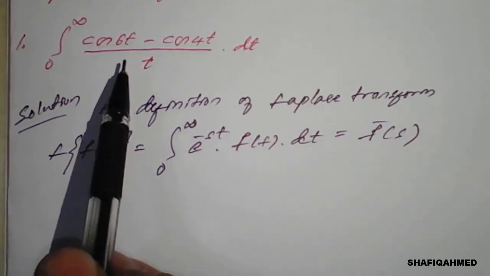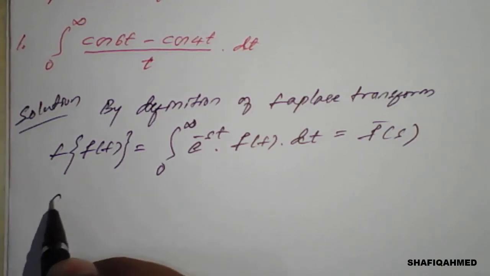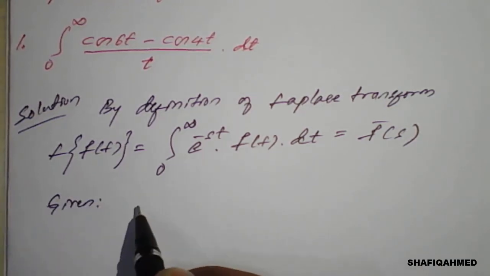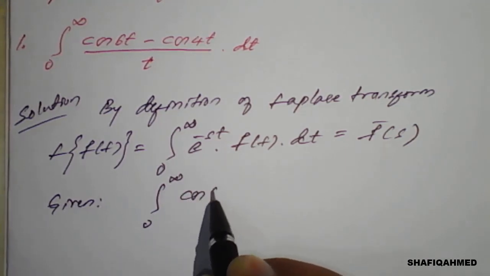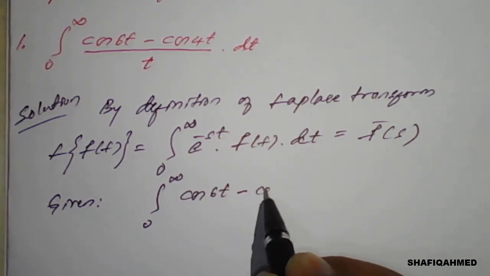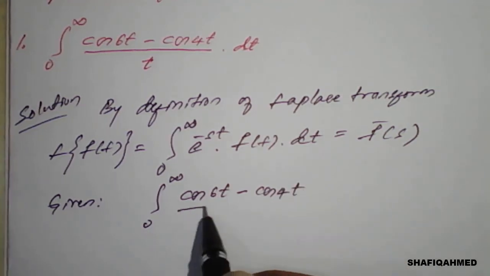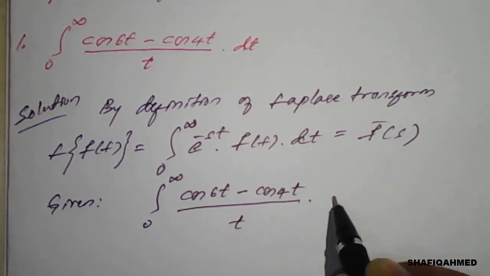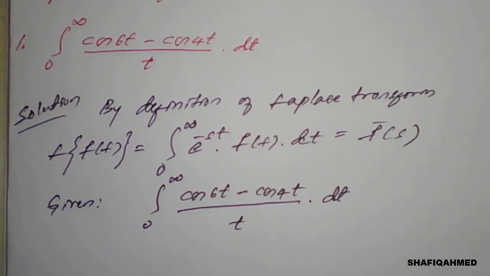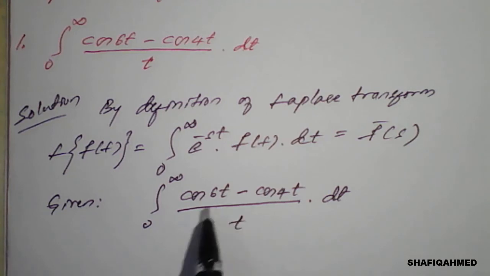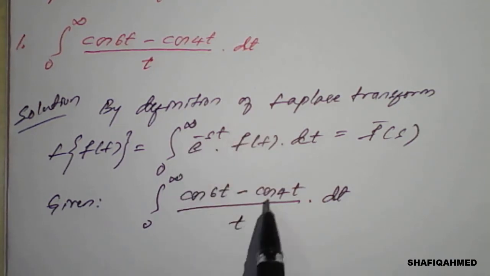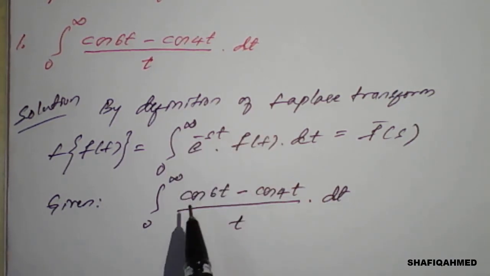Now, the given question is what here? Given is integration 0 to infinity (cos of 6t minus cos of 4t) divided by t into dt. So you compare the definition and the given question. Here we need to simplify according to the definition.